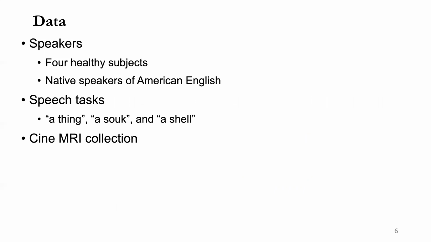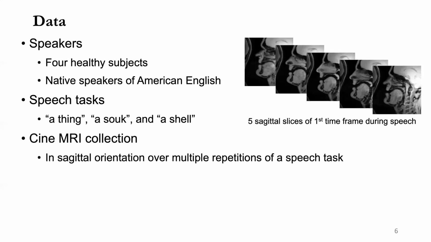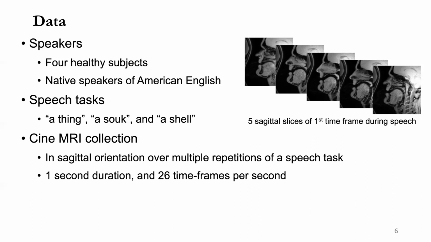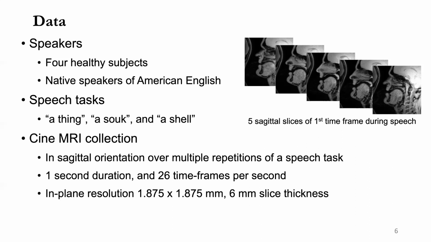The Cine MR images were collected in sagittal orientation over multiple repetitions of each speech task, timed to a metronome. The datasets had a duration of 1 second, and there are 26 time frames per second. The images have an input resolution of 1.875 by 1.875 millimeters, and the slice thickness is 6 millimeters.